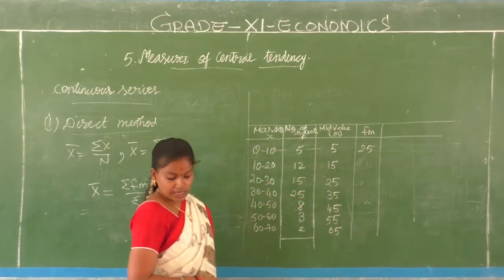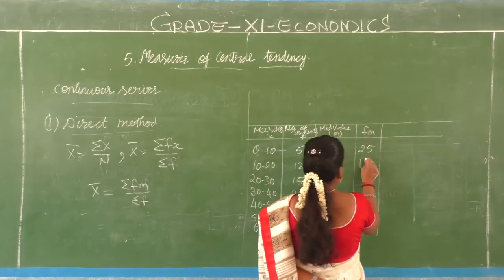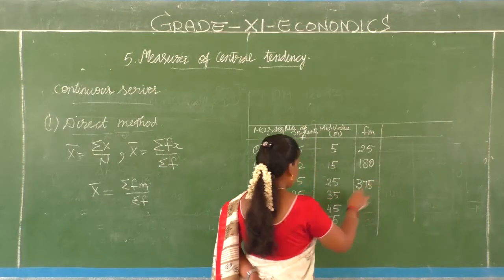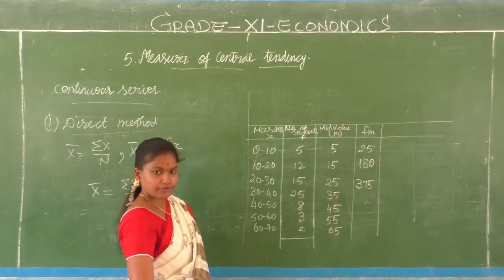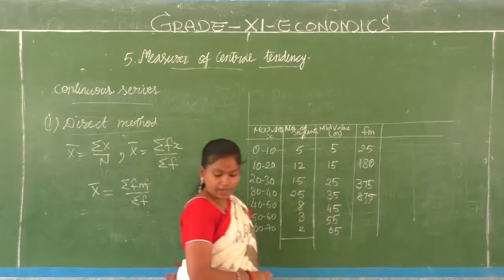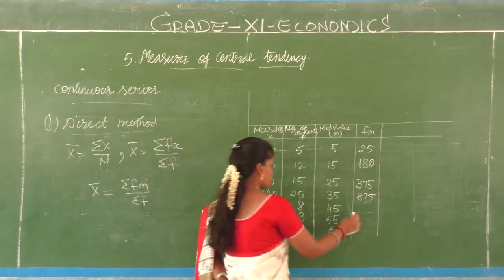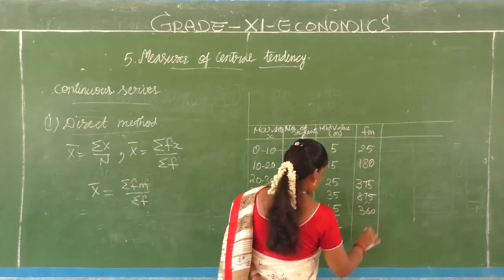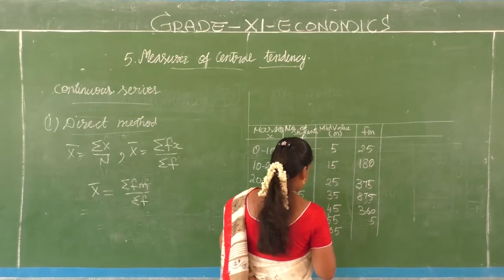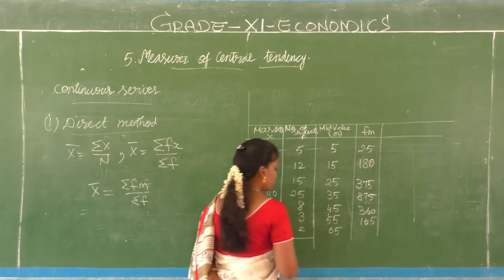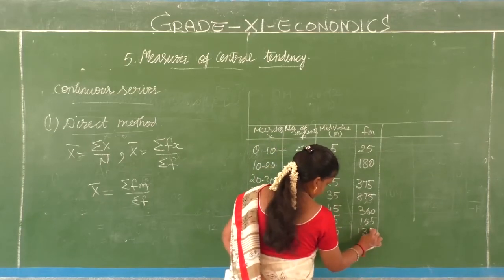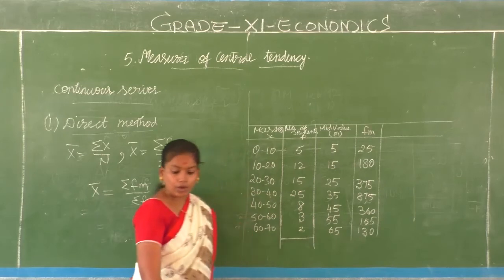Then we have 12 into 15, 180. 15 into 25, 375. 25 into 35, 875. 45 into 8, 360. 55 into 5, 165. 2 into 65, 130. Okay.